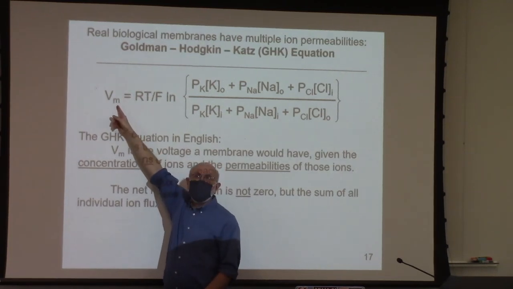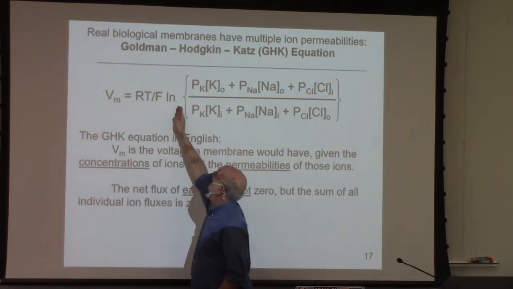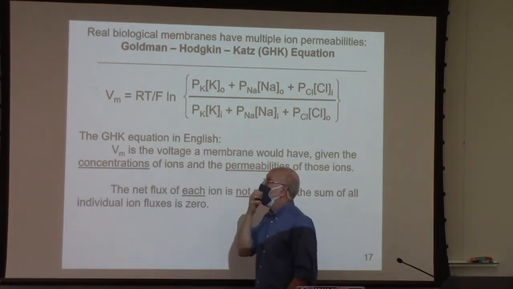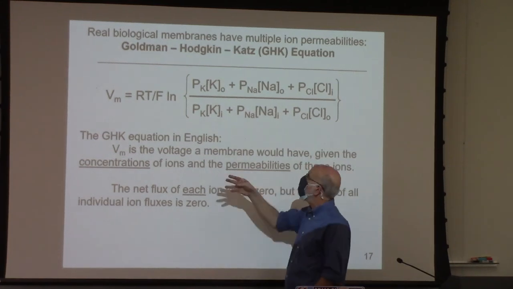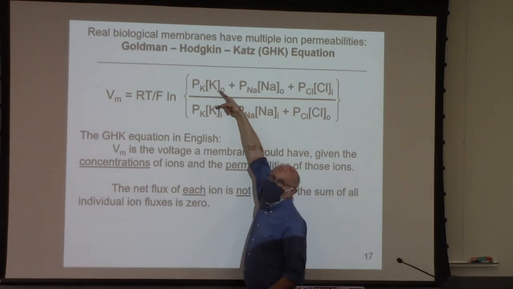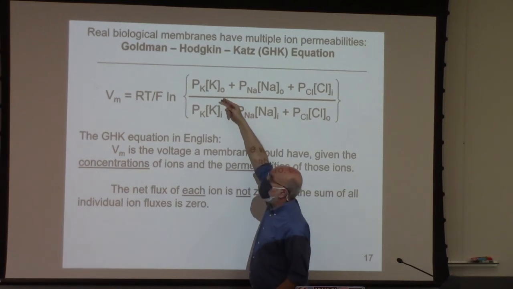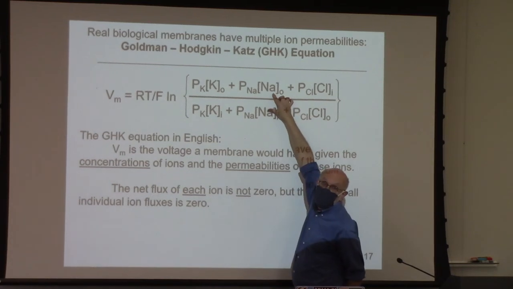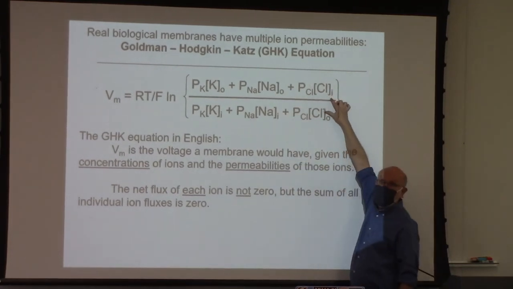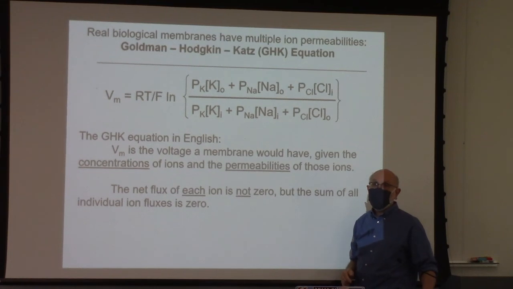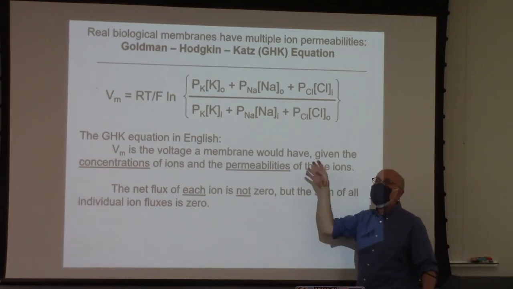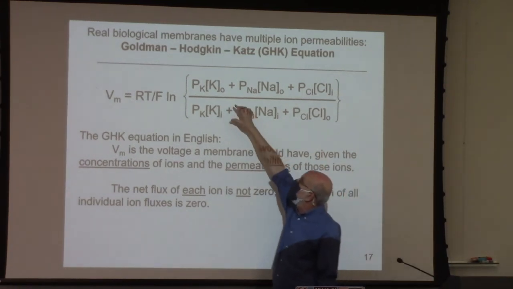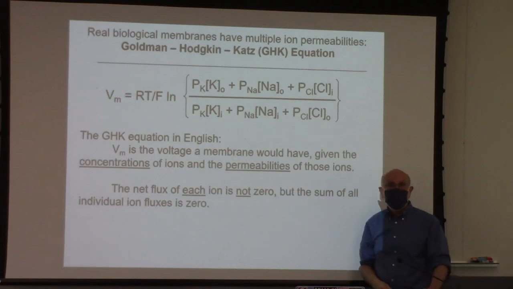The voltage of a membrane is equal to some constant times a function, and the function depends on the gradients: potassium on the outside, potassium on the inside, the potassium gradient, the sodium gradient, the chloride gradient, and in fact the calcium gradient, but calcium makes this equation blow up. So we'll just use the monovalent ions. Monovalent cations and monovalent anions.